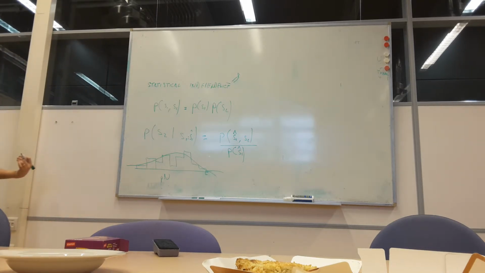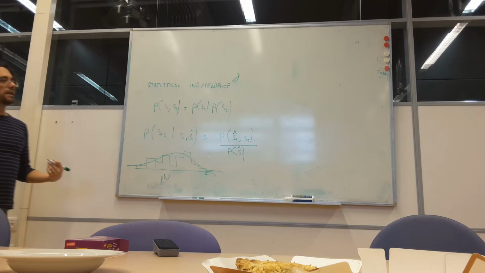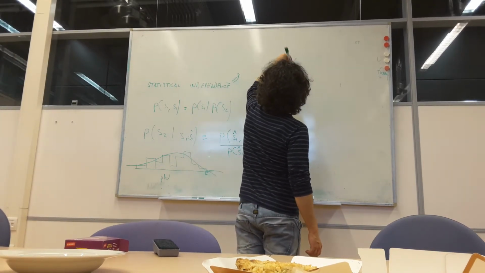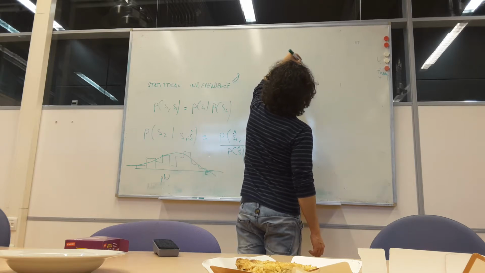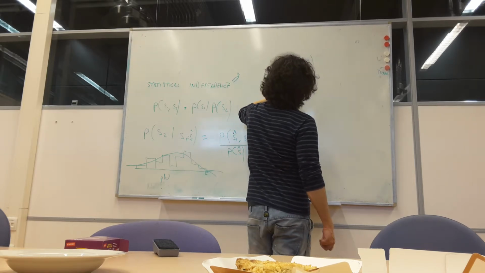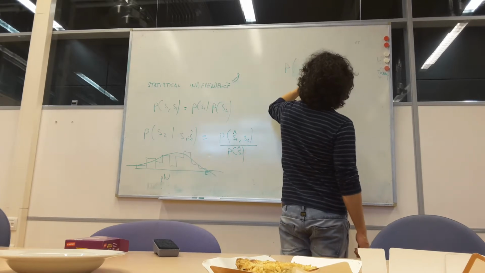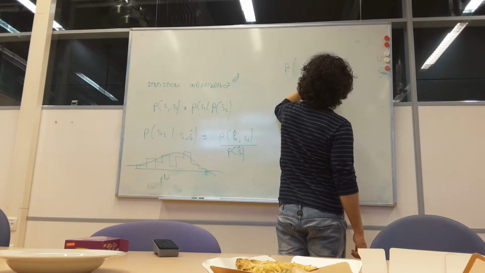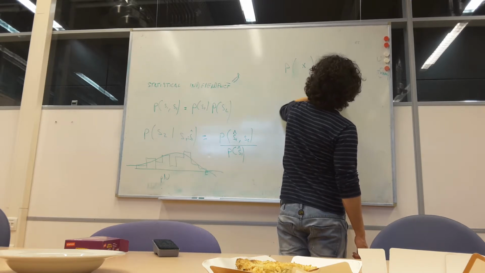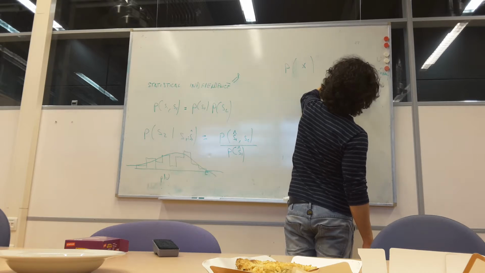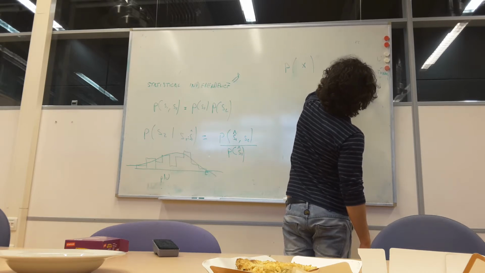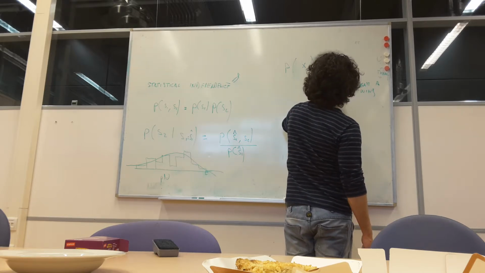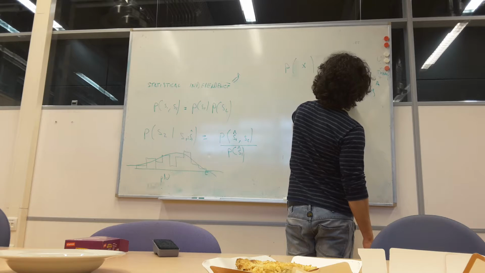The next step is, I can say P of x, where x is a variable that says x is 1 if team A wins, and it's 0 if team B wins.